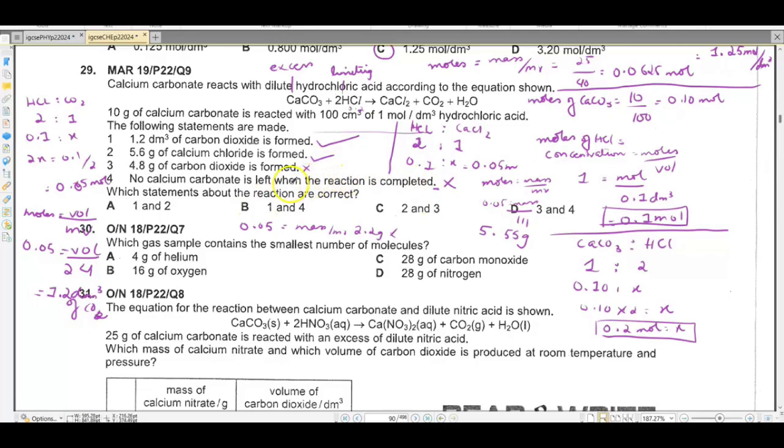So the answer will be 1 and 2, which is A.